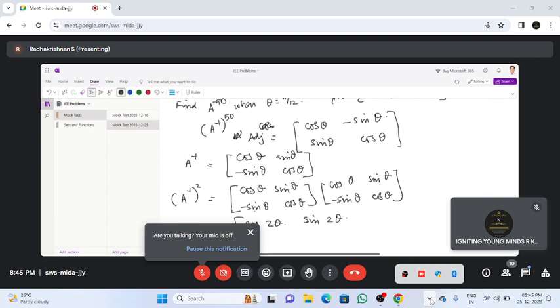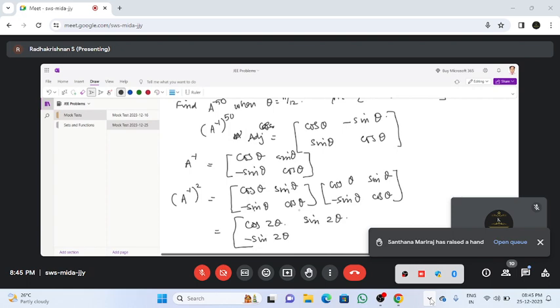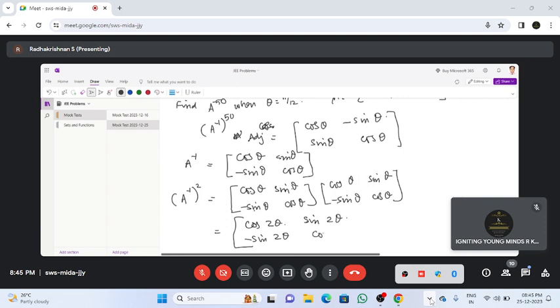So in the term வந்து second row first column, second row into first column, minus cos theta sin theta minus sin theta cos theta, so minus 2 sin theta cos theta. So in the term வந்து second and second, cos square theta minus sin square theta. So if you see, its square is simply replacing theta by 2 theta.